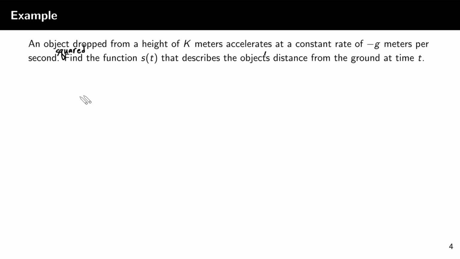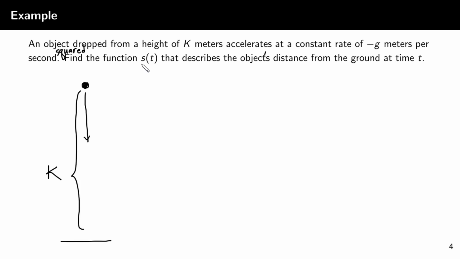Okay. So suppose ito yung object natin, ito yung ground, and then it was dropped from a height of k meters. Of course this object is going down. Ang alam lang natin is it accelerates at a constant rate of negative g meters per second squared.